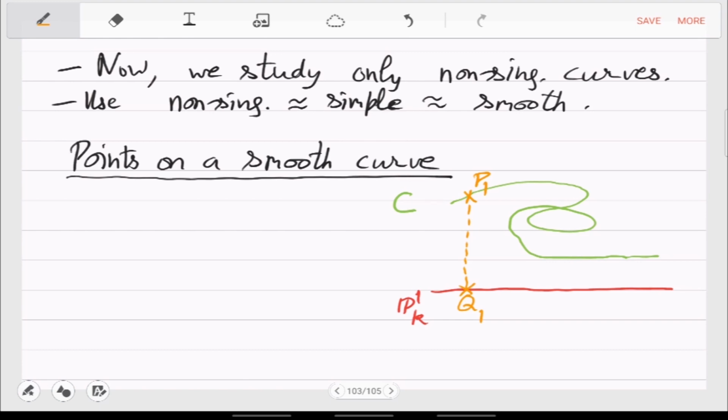But sometimes it may happen that... so every point on the curve corresponds to a unique point on the projective line. But it can happen that a point on the projective line corresponds to many points on the curve. Okay, so this is called the ramification of Q2.